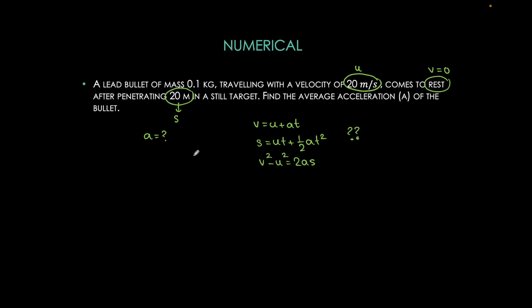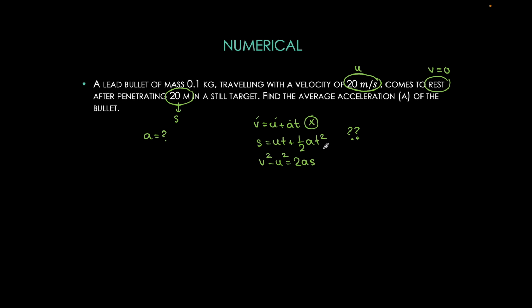This depends on what values are given in the question. Let's say we want to use the first equation. We have v in the question, we have u in the question, and we need to find acceleration, but we don't have time. We don't have the value of t, so this equation cannot be used.